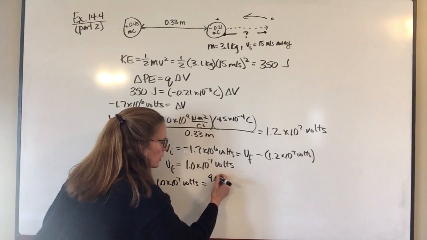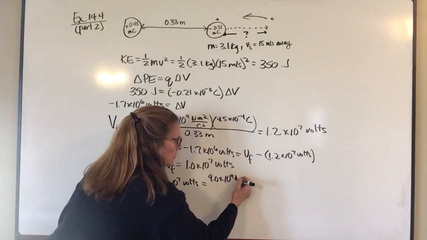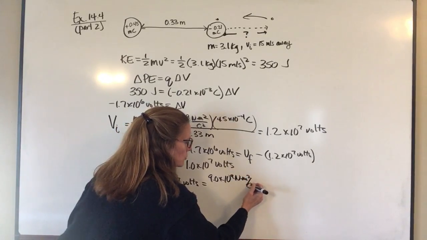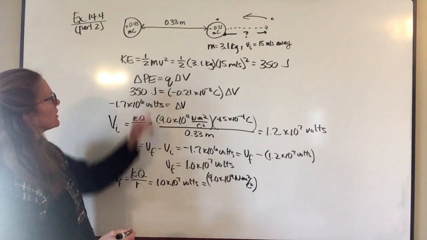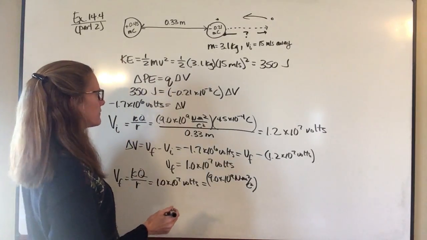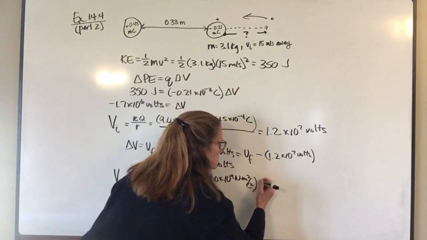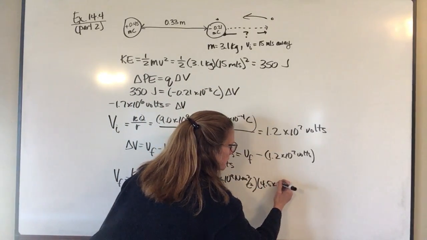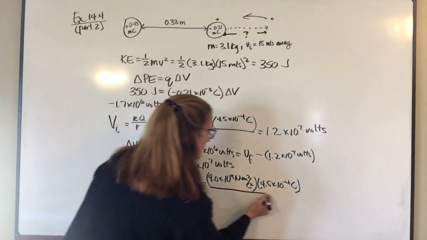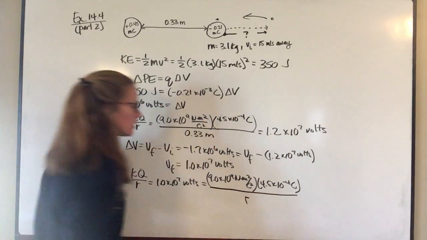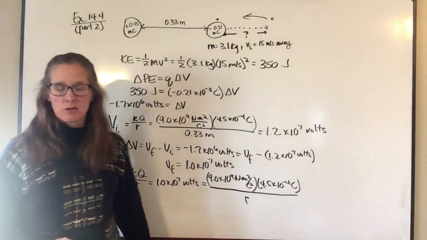K is 9.0 times 10 to the 9th Newton meters squared over Coulomb squared. The capital Q is the fixed charge, so that's the 0.45, so that's the 4.5 times 10 to the minus 4th that I used before. And all that goes over R, because that's the one thing I didn't know.